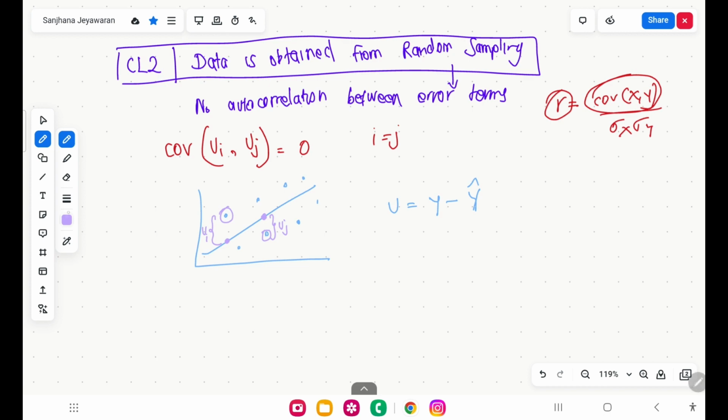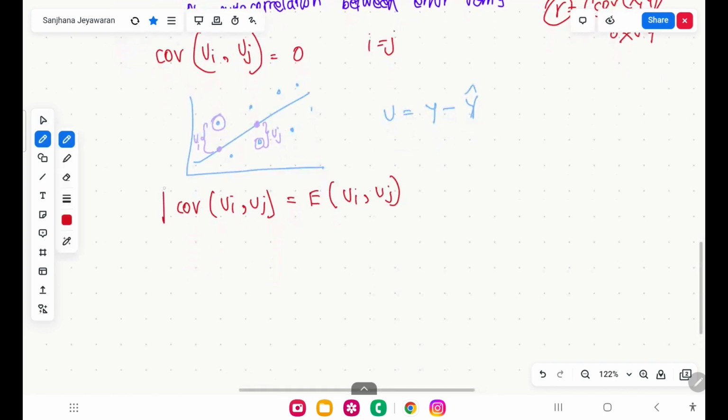If you are seeing the slides, Miss might have given, if the covariance of ui and uj is equal to 0, when they are not related, then we can write something like this: the expectation of these two is equal to the covariance itself. How can we prove this?